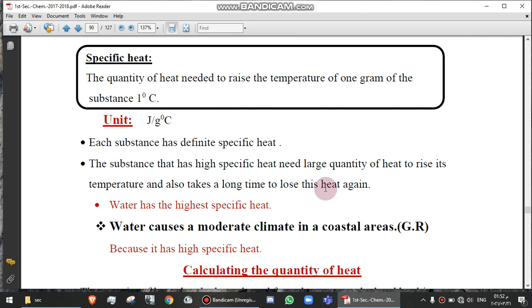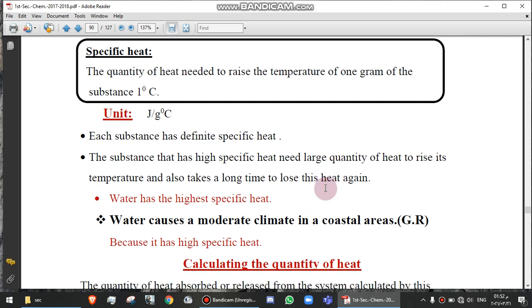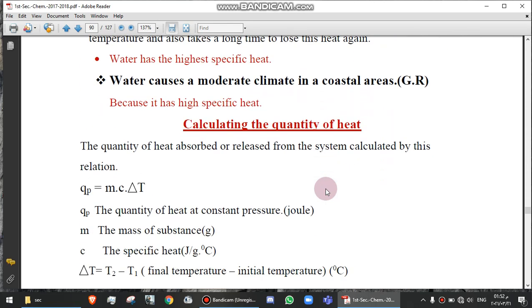Specific heat is constant, it doesn't depend on mass or temperature, but depends on the physical state of the substance. So the specific heat of water is different in the liquid state and the vapor or gas state. The specific heat of water is greater than the specific heat of water vapor. Okay, so water is used in extinguishing fires.